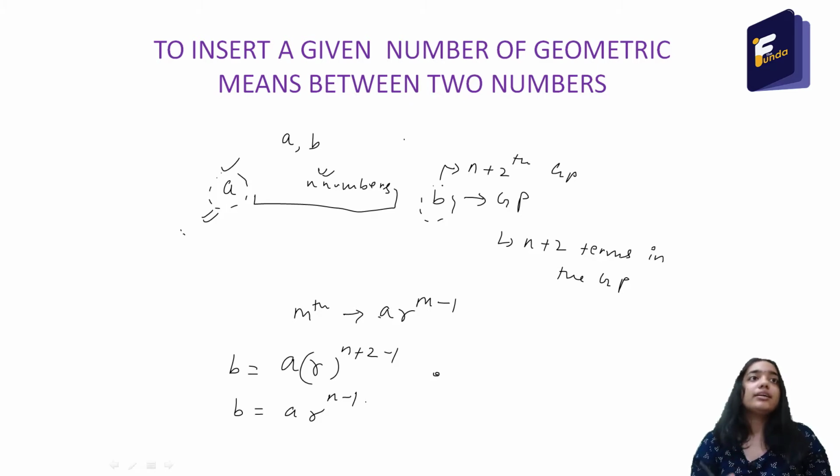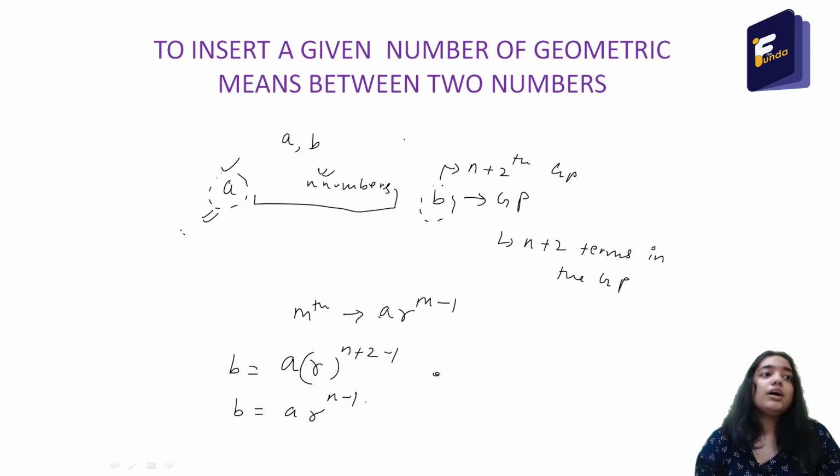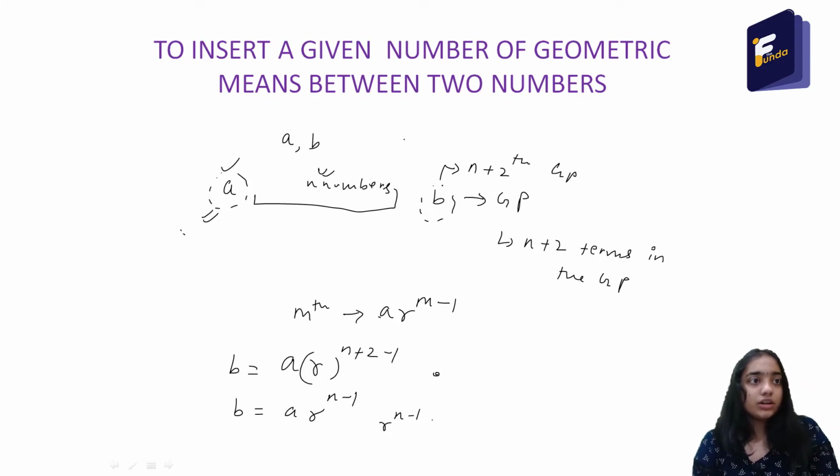In that GP, B is equal to A r to the power n plus 1, where r is the common ratio. By solving this equation, we can find the value of r. So r to the power n plus 1 equals b by a.